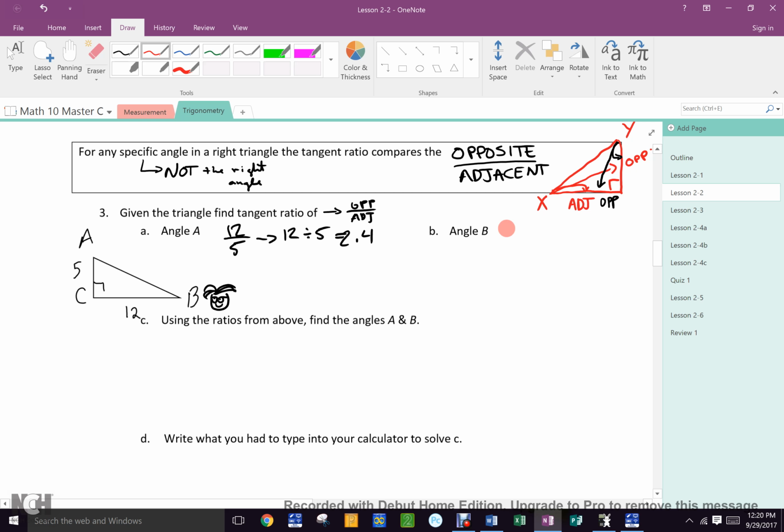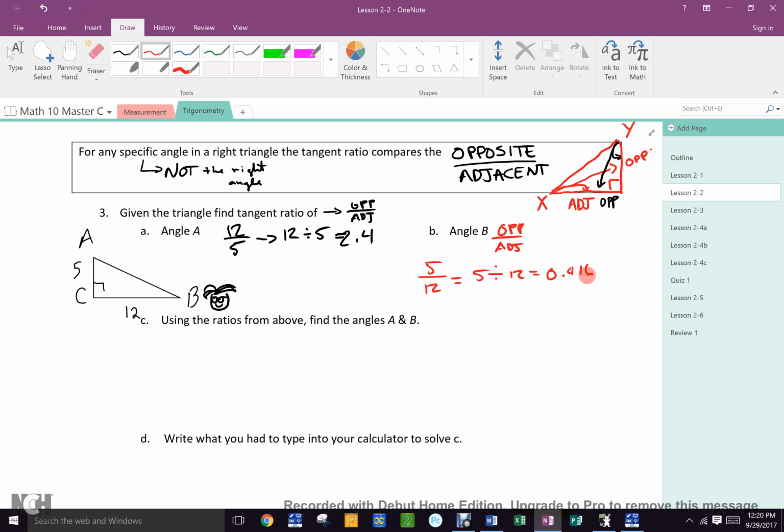Always opposite over adjacent. So, but now, what is opposite? 5 over what? 12. So, what is that? 5 divided by 12. 0.416. That'll do. Is everybody good?